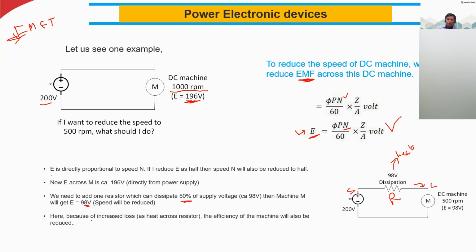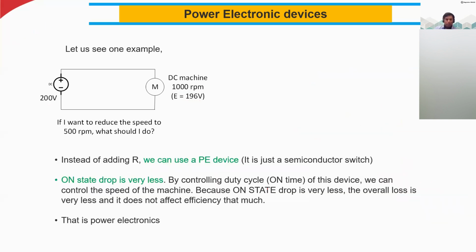But because of the increased loss in this middle part, the efficiency of the machine will also be reduced. You should know the efficiency, because when we talk about power electronics, this is a very important term. You should remember efficiency.